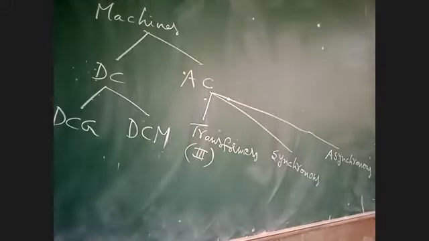In unit 3, we have completed the transformers. And in unit 4, we are going to cover synchronous and asynchronous machines. Then what do you mean by synchronous machines and asynchronous machines? I will define the meaning of synchronous and asynchronous.